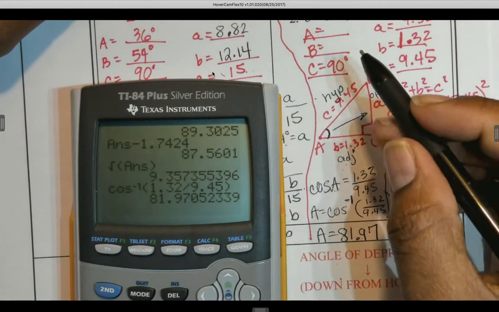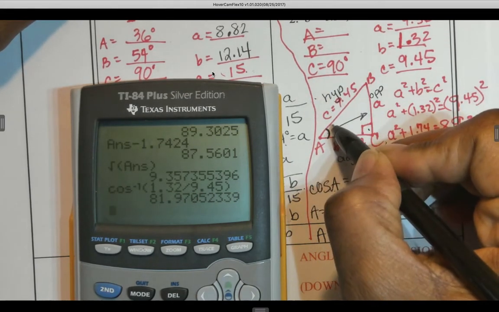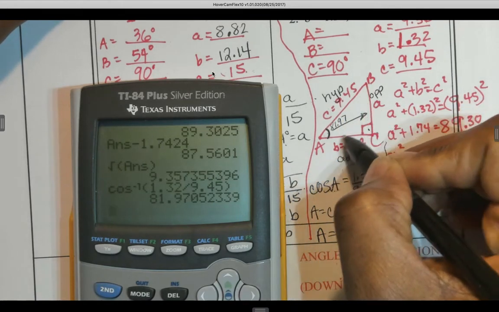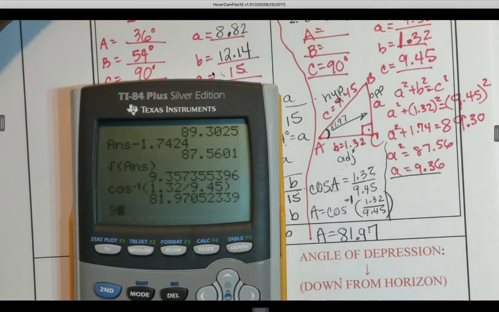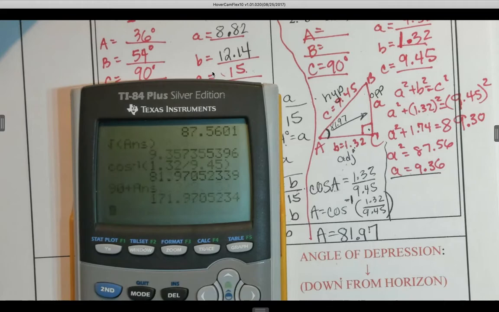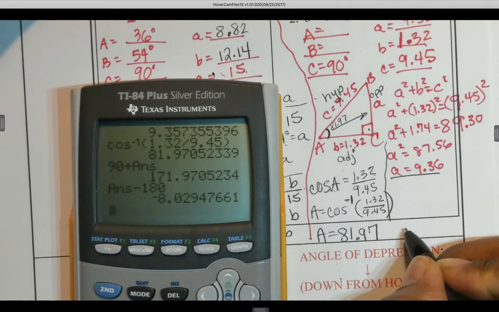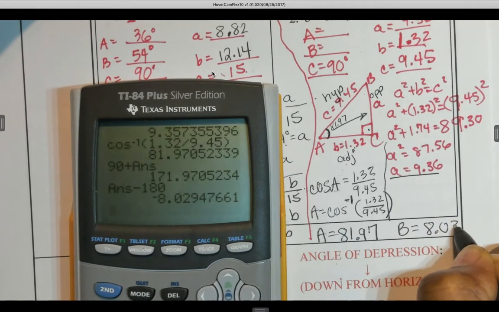And now that I know 90 degrees, I already knew, and now that I know 81.97, I could just use the fact that all three of these angles add up to 180, to find the missing one. So I have 90 plus that 81.97. If I subtract those from 180, that tells me that my missing angle is 8.03.